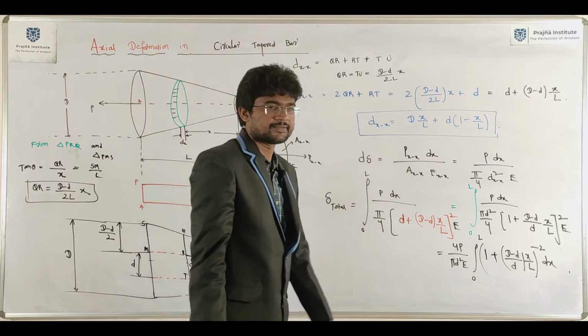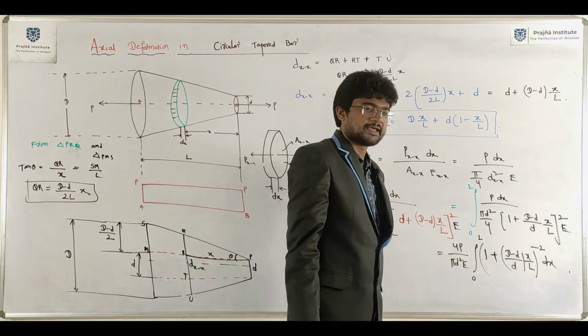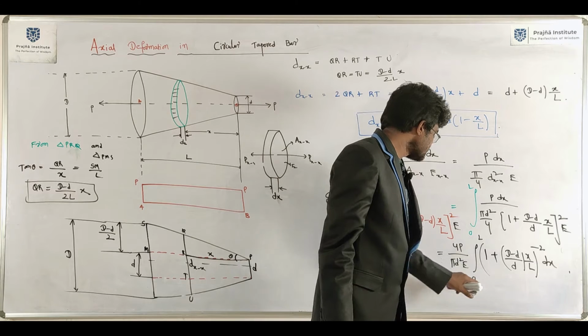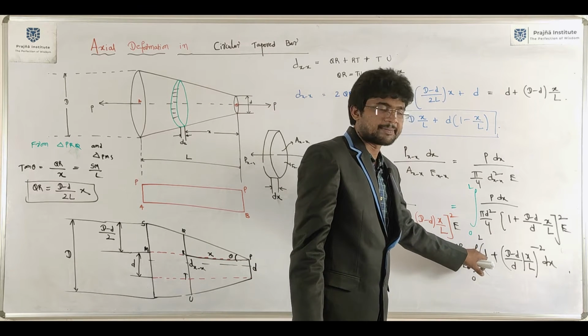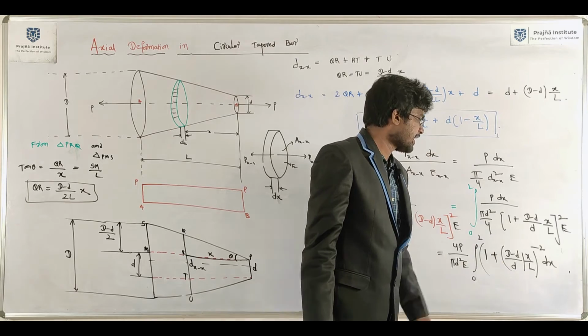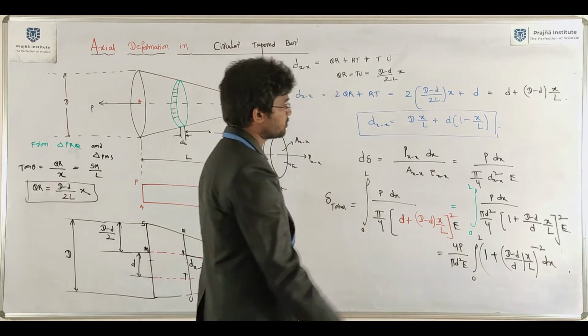So you get 4P by pi d square E, integral from 0 to L of 1 plus (D minus d) by d into x by L, whole power minus 2. Write down up to here.